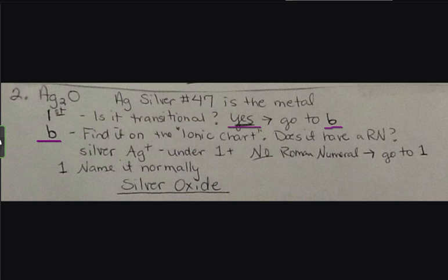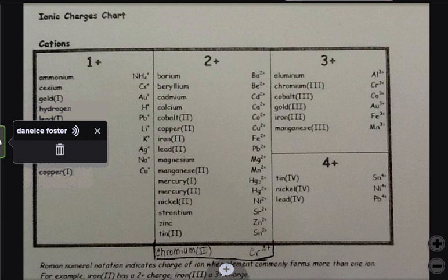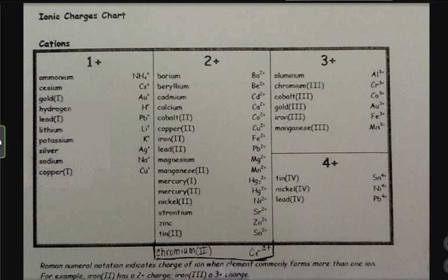So we would find B. What do we do? We find it on the ionic chart and see if it has a Roman numeral. So let's take a look at your ionic chart. We are looking for silver, so we'll start off with number 1. They're alphabetical. Oh, there we have it, silver.